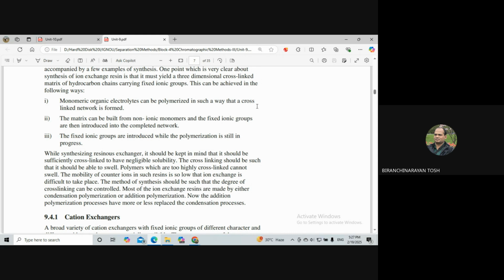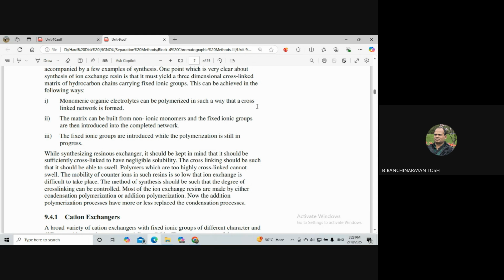While synthesizing a resinous exchanger, it should be kept in mind that it should be sufficiently cross-linked to have negligible solubility. Normal polymers may be soluble in some solvents, but cross-linked polymers are mostly insoluble. The cross-linking should be such that it is able to swell only.